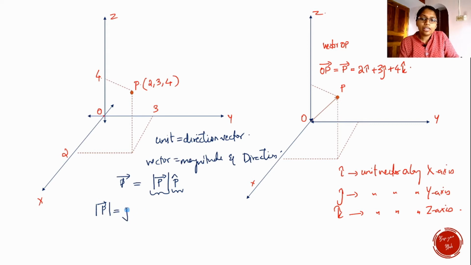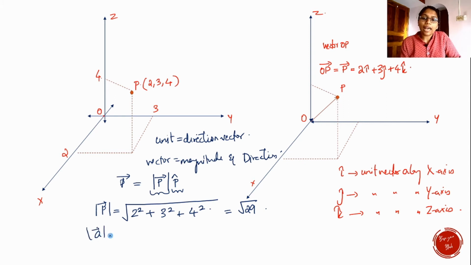It is simple: root of the coefficient, the number written along with i cap, that is 2 square, plus the number along with j cap, that is 3 square, plus 4 square. It comes to root 29. Now if we have one vector whose magnitude is equal to 1, then we can call it a unit vector. If the magnitude is equal to 1, then we can call it a unit vector.